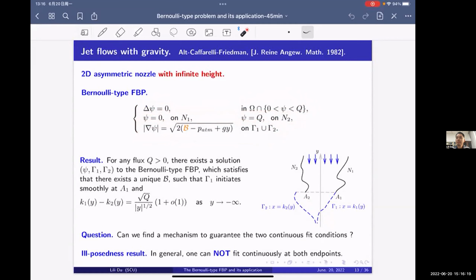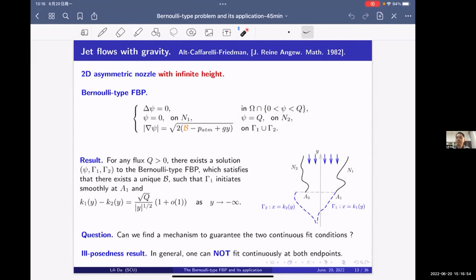The result is that for any given mass flux Q in the upstream, there is a solution psi, gamma 1, gamma 2 to the Bernoulli-type free boundary problem, such that there is a unique Bernoulli constant B such that the right free boundary gamma 1 initiates smoothly at the endpoint A1.